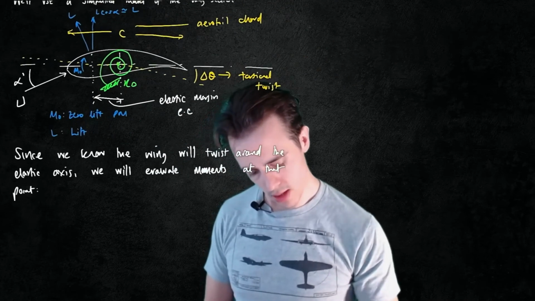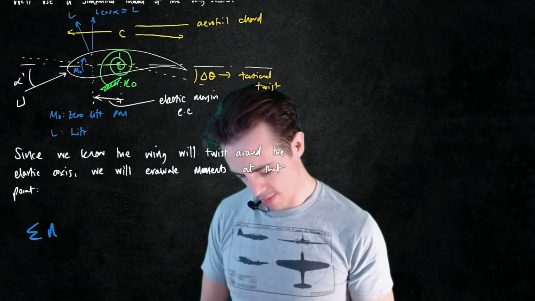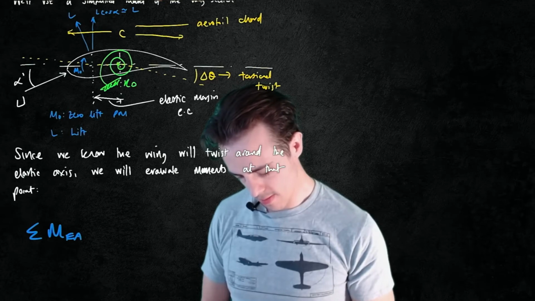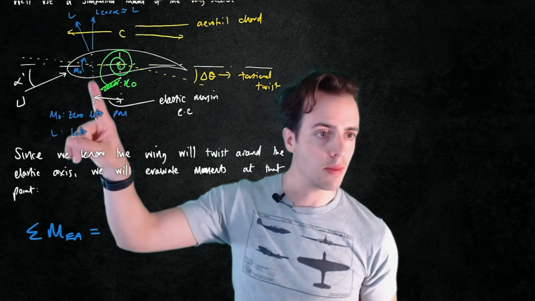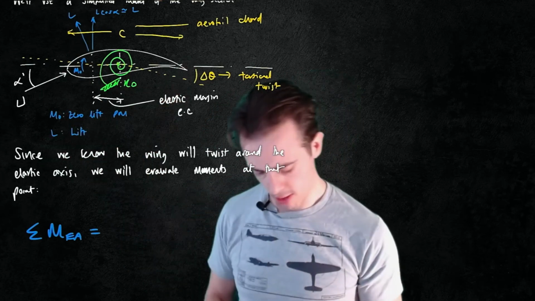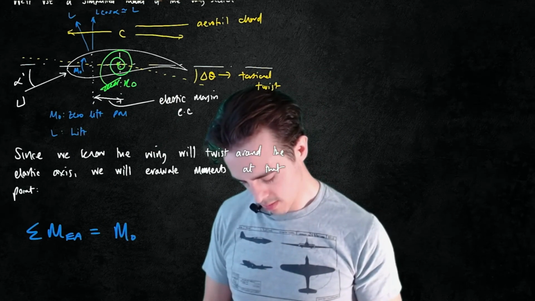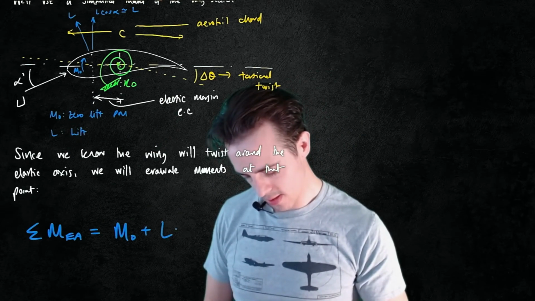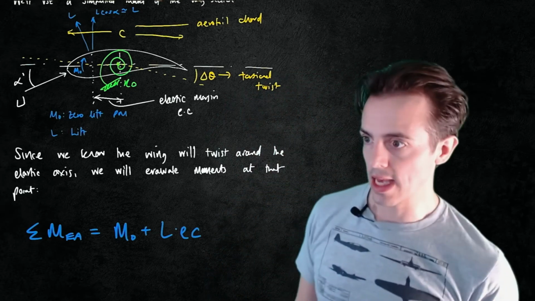So the sum of moments about the elastic axis is going to be equal to m0, which is going to be present anywhere in this aerofoil, plus whatever the lift is multiplied by EC.